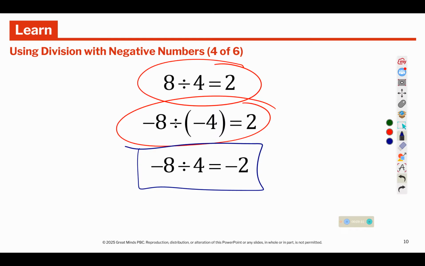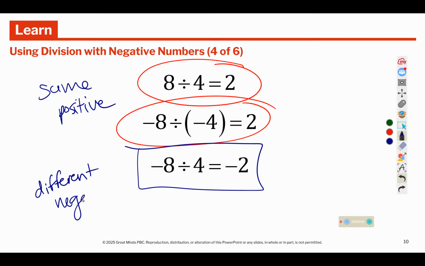Here, the signs of the dividend and divisor are the same. They're both negative, and in this case, they're both the same. So if they have the same sign, then we get a positive result. But if they have different signs, one negative and one positive, then our result is negative.